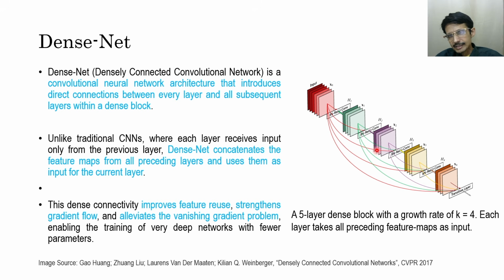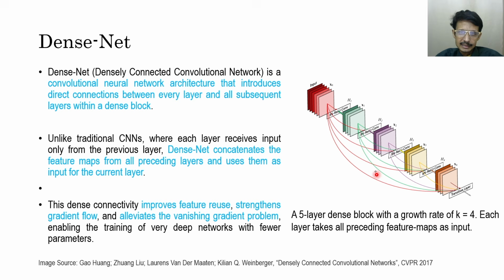So all the previous layers are connected to this one. That's why DenseNet concatenates the feature maps from all preceding layers and uses them as input for the current layer. This dense connectivity improves feature reuse.